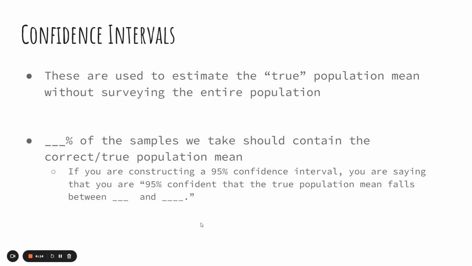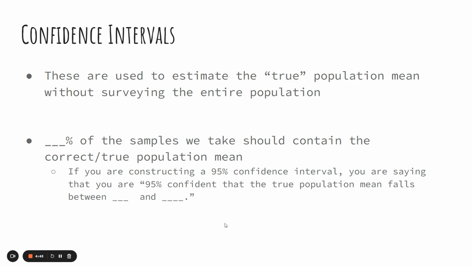What we were actually doing today is something called a confidence interval. These are used to estimate the true population mean, and I want you to focus on the word true, without surveying the entire population. We can estimate the mean of a very, very large population, and this guess is going to be almost always true. In fact, the standard confidence level is 95%.